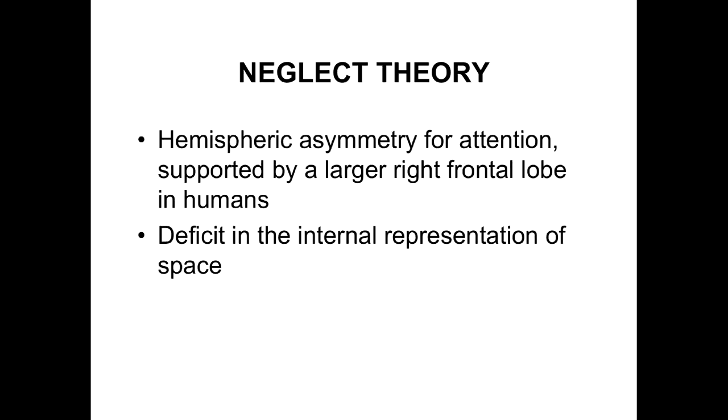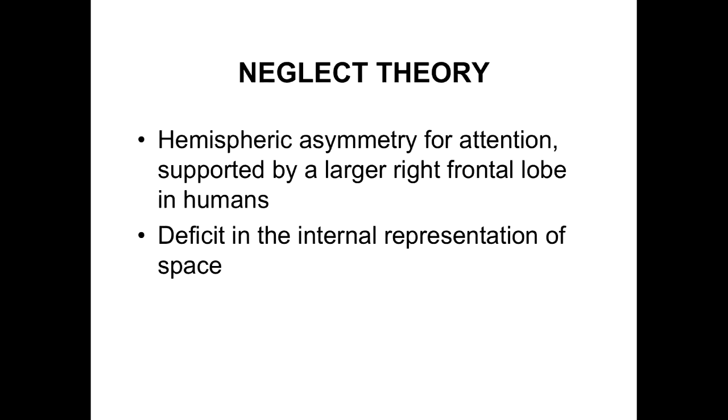So the theory is that there's a hemispheric asymmetry for attention. There is some support for this because if you do quantitative MRIs of humans, you will notice that the right frontal lobe is slightly bigger than the left. In terms of language, your left parietal, temporal parietal occipital area is actually a little bigger than the right.